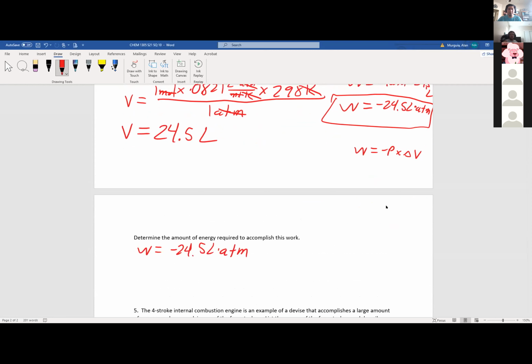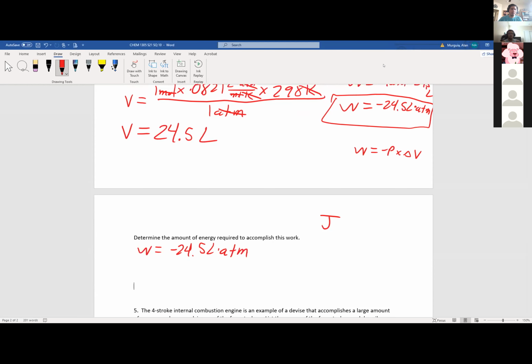So how can I convert this work into a unit of energy, which is, say, for example, joules? Let's see here.